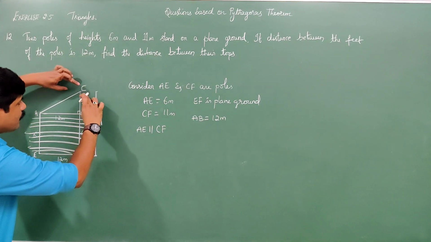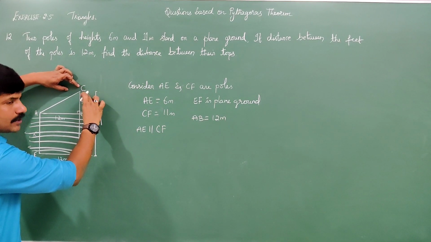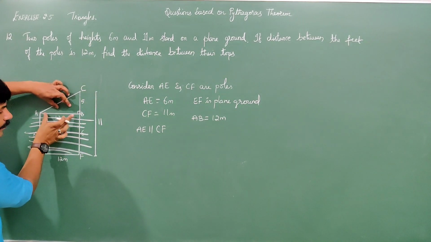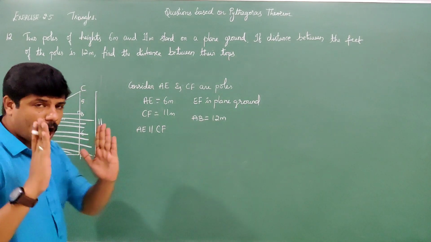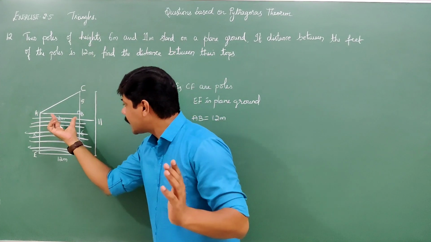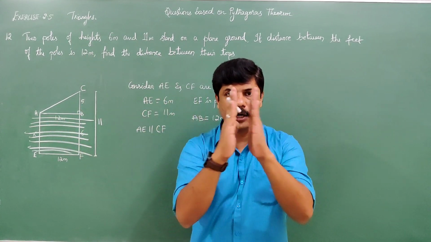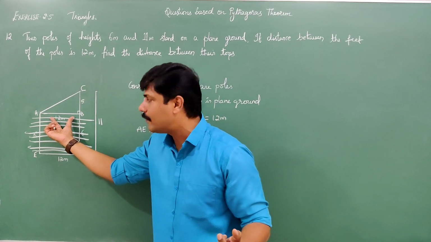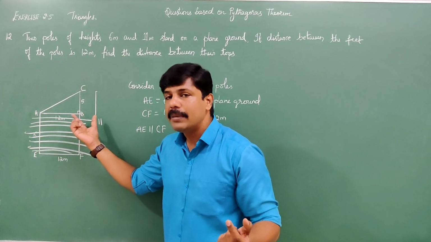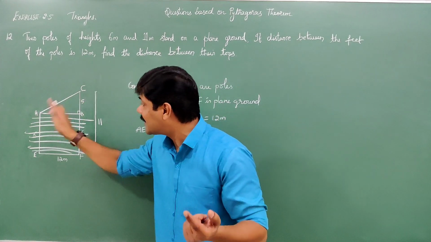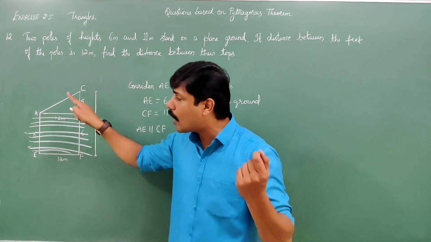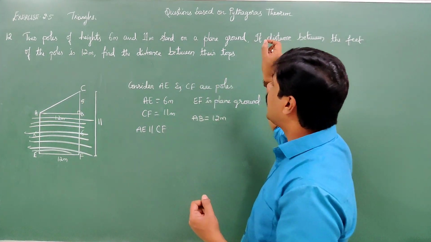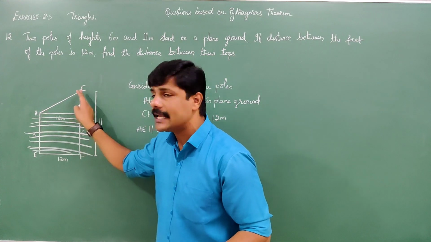So BC is equal to 5 meters, and AB, they are 12 meters apart at the foot, and we can take the same at this point A, B. Thus AB becomes 12. What you have to find is the distance between their tops, that is AC.